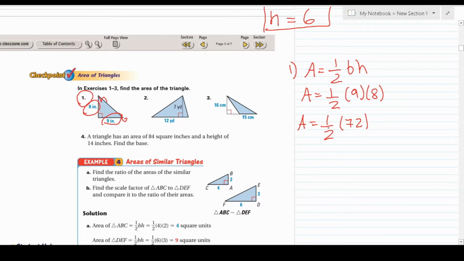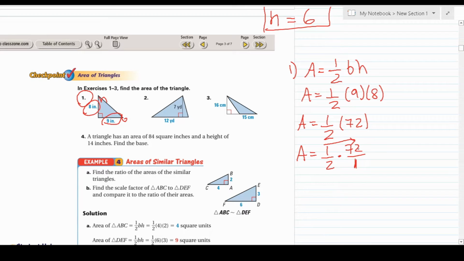And in case you can't do this in your head, let's work it off to the side again. In case you haven't done this math in a while, let me show you exactly what's going on. This is basically 1/2 times 72, which you can't do. You have to put 1 under 72. 72 divided by 1 is just 72.